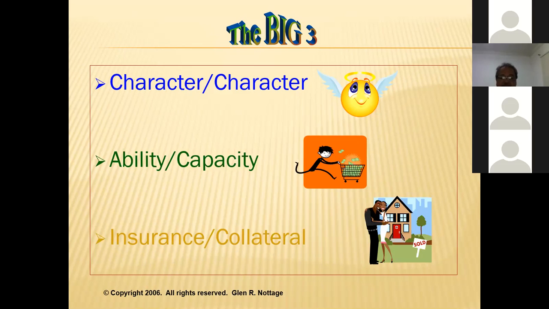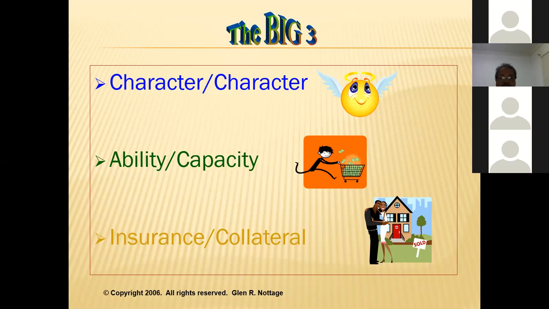I put that in gold. That's your pot of gold, in case something goes wrong, you've got your backup plan. So there's character and character, ability and capacity, insurance and collateral.